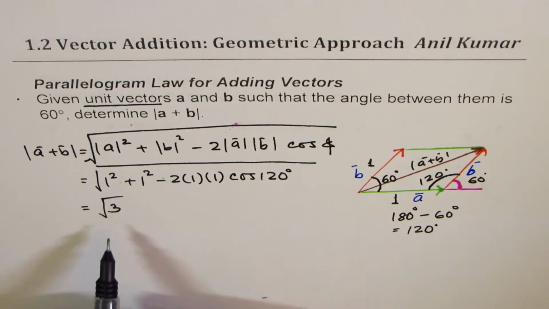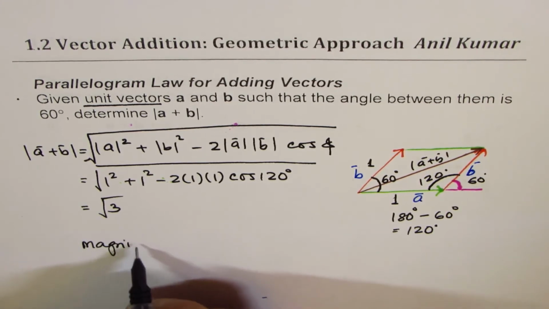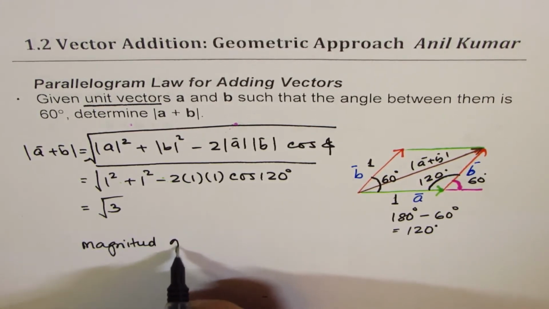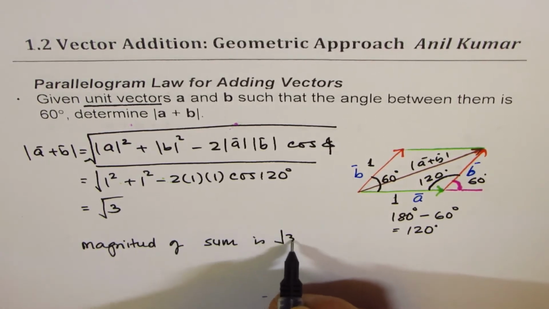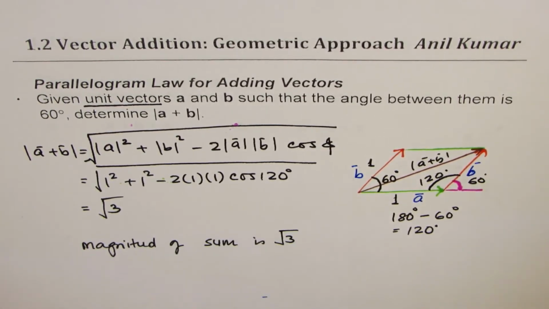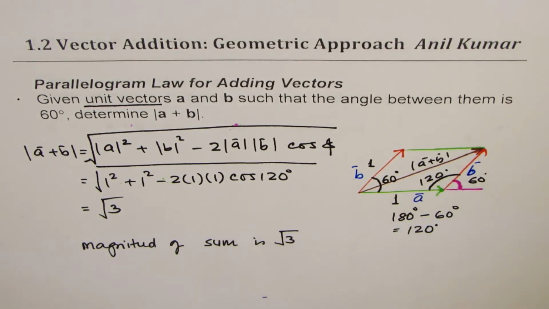Always, magnitude is going to be positive, right? So the magnitude of the sum is square root 3. Good. So we can always apply the cosine law to find magnitude, and this parallelogram gives you the result.